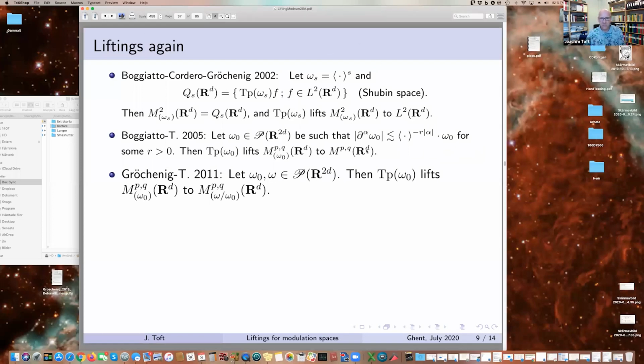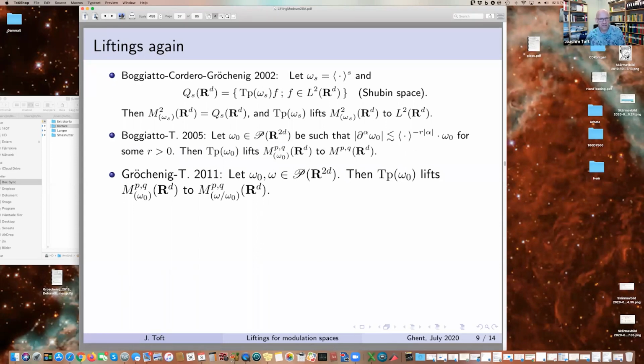This condition here was rather annoying. But in a paper by myself and Gröchenig from 2011, we were able to extend this result by just removing this condition here.